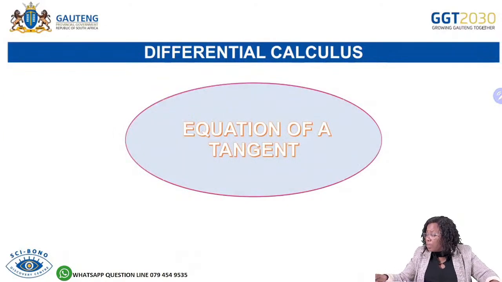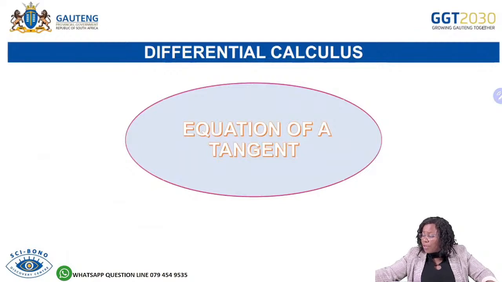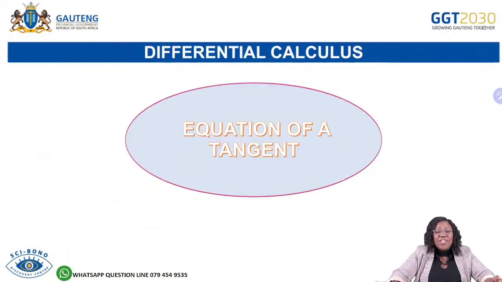Now we are done with the rules. We can now move to the equation of a tangent. We are still on differential calculus. And then remember now, when you talk of the equation of a tangent, it is a straight line. Remember, it's a line that touches a curve at one point.